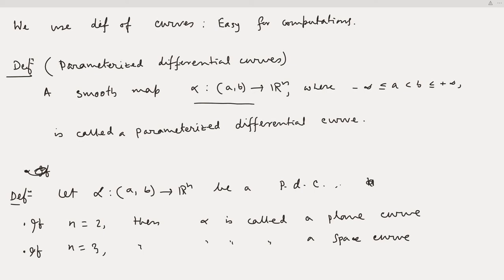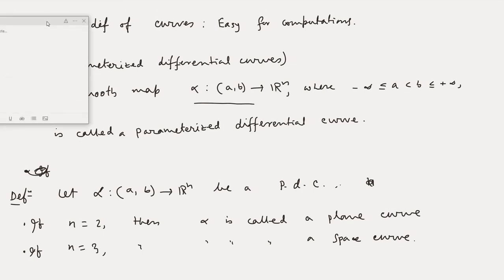Okay, so now we give examples of parameterized differentiable curves. So this is the second item, examples. Here we start with number 1: alpha defined from R to R2, alpha of t equals (t, 1 plus 2t).